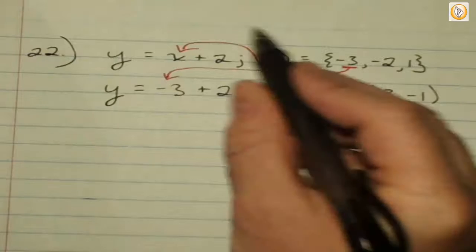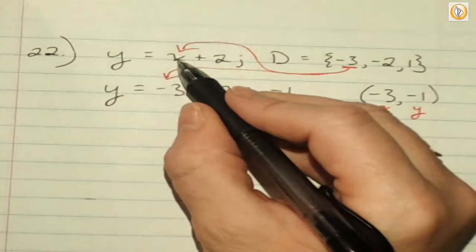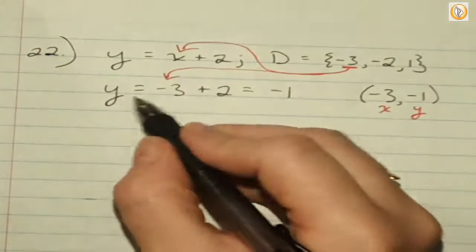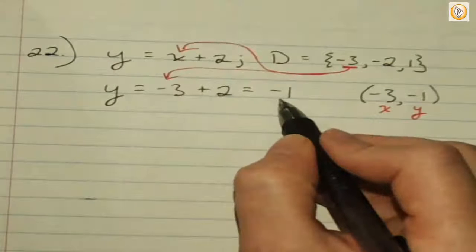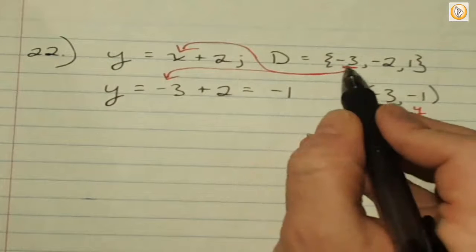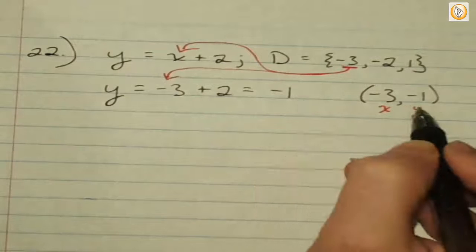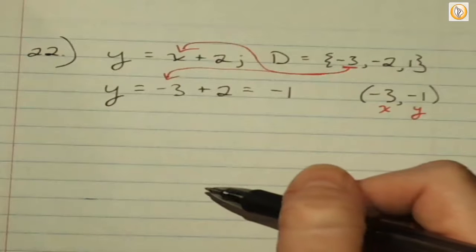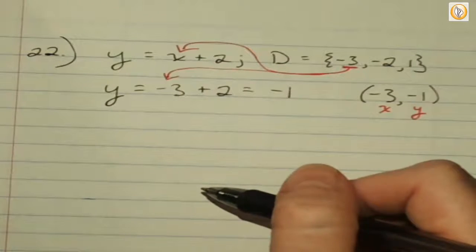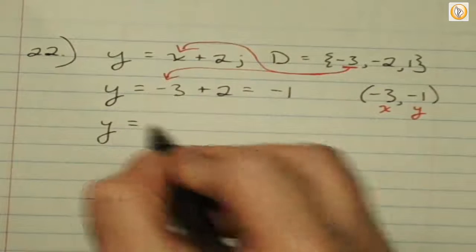All we're doing is taking each one and sticking it in place of the x, like I did here, and then we solve for y. X, -3, y equals -1. You understand? All right, then do this one.